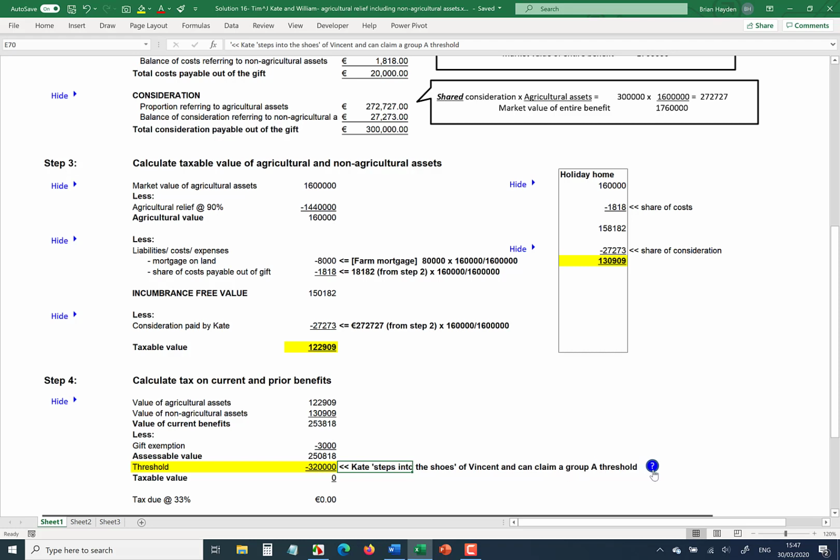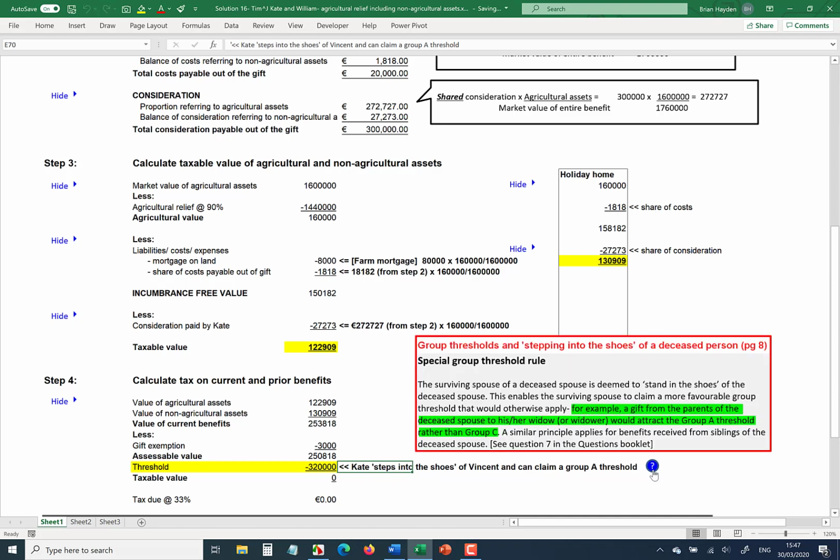Now, that's one of these tricky little things that you need to be conscious of, so just to give you a reference there. Group thresholds and stepping into the shoes of a deceased person is page 8 in the CAT manual. So there's a special rule, so that the surviving spouse of a deceased spouse is deemed to stand in the shoes of the deceased spouse. So Kate pretends that she's Vincent.